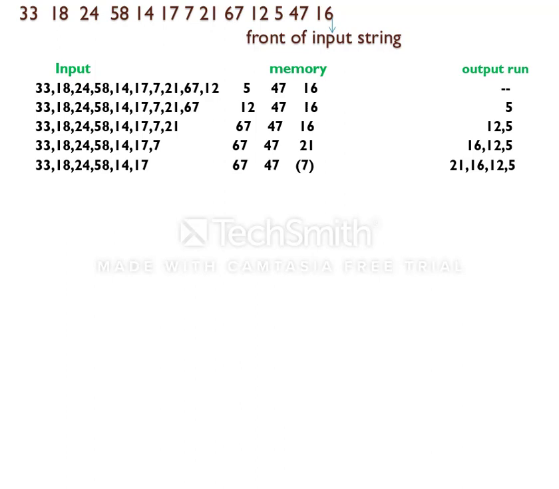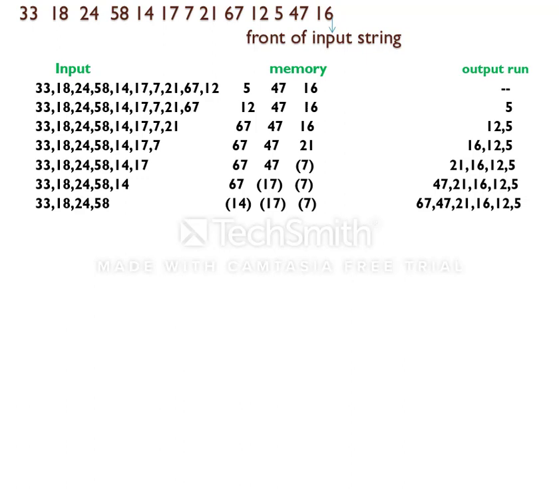After checking the smallest value among 67, 47 and 7, 7 is the smallest value, but as it is smaller than the last output, we mark it as belonging to the next run. 47 is the next key output and 17 will fill the place.